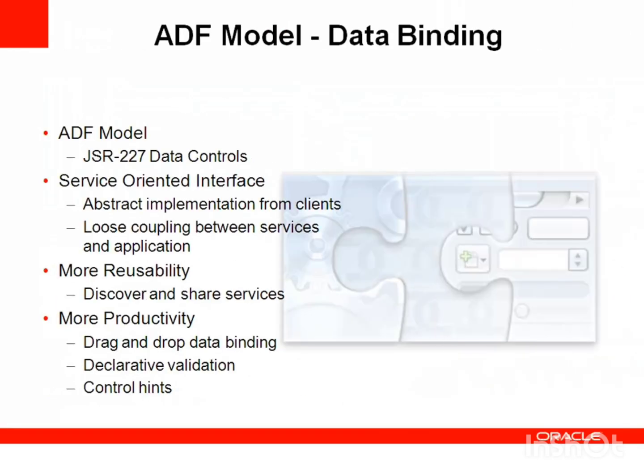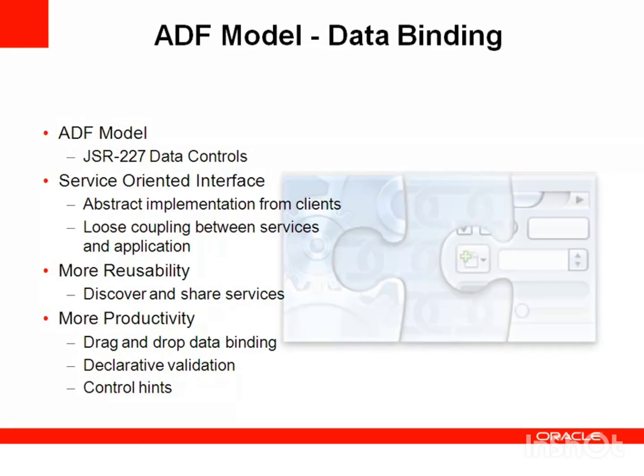In order to connect the business services and the user interface, we're using the ADF binding or ADF model layer. The ADF model layer is based on JSR 227, and it basically abstracts the structure or the implementation of the business service from the UI developer.